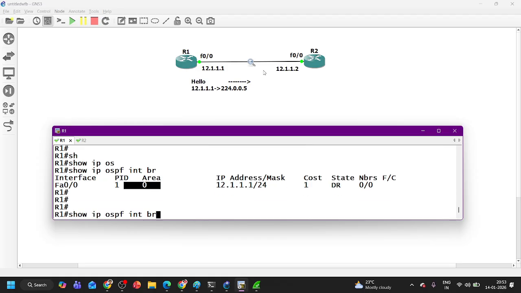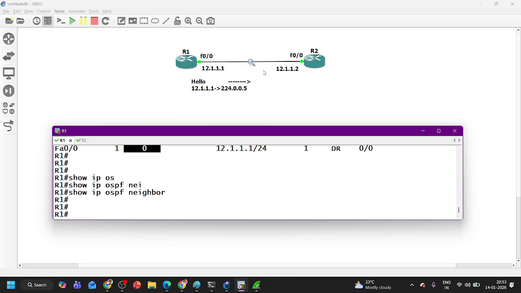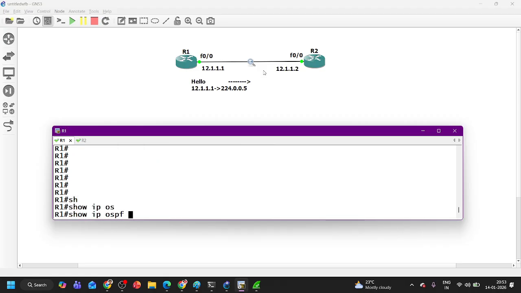So show ip ospf neighbor. Why don't we have neighborship? Because of the subnet mask. Here you can use this command: show ip ospf interface FastEthernet 0/0. This is the command to check the detailed information of the OSPF routing protocol on a particular interface.